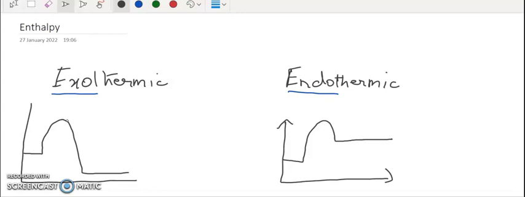From these two reactions, we know that from here to here is the activation energy, which I'm going to label as EA, and from here to here is the enthalpy change.